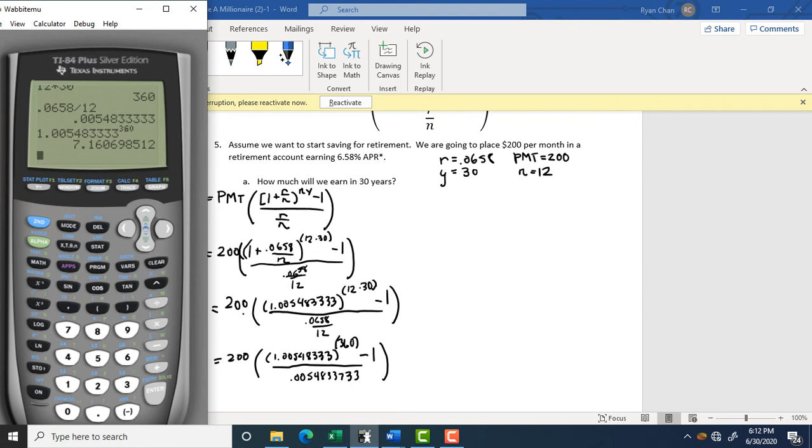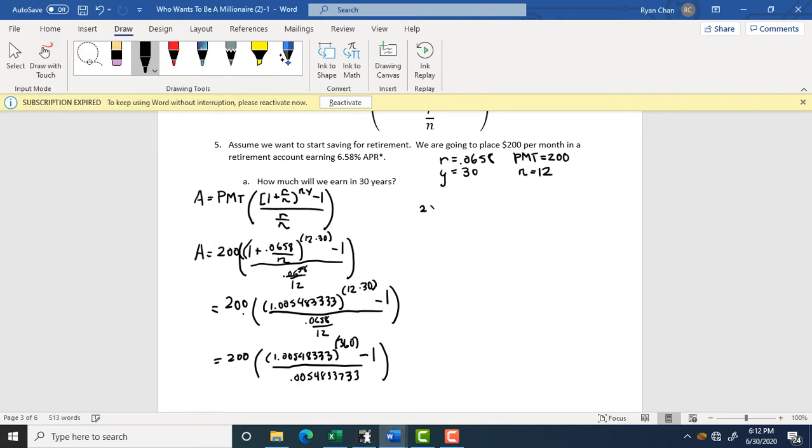I get 7.16. So I have 200, subtract a 1.